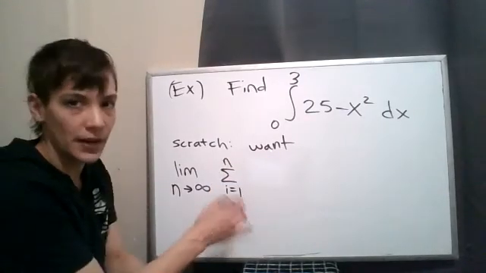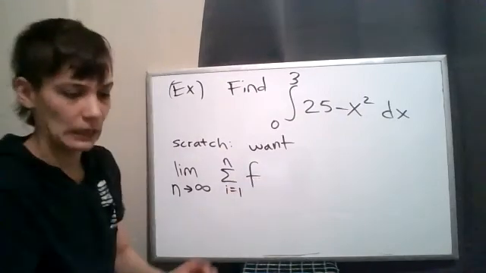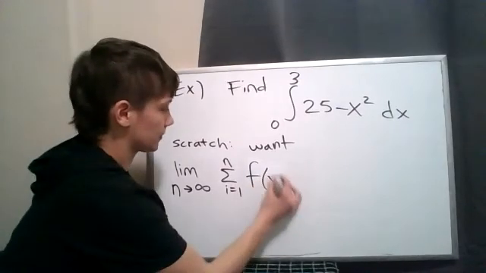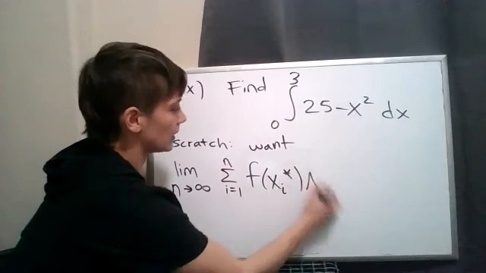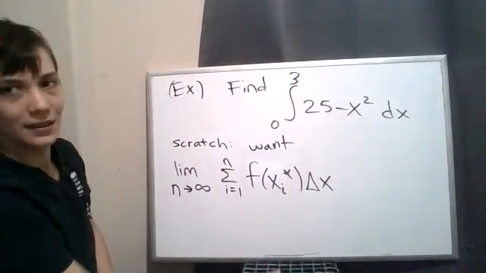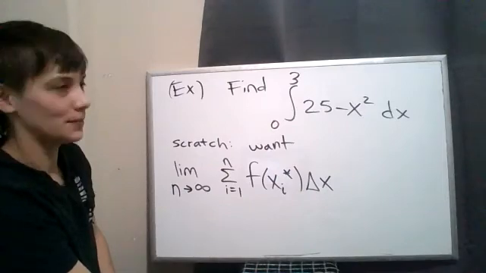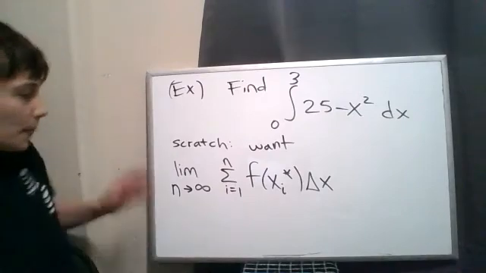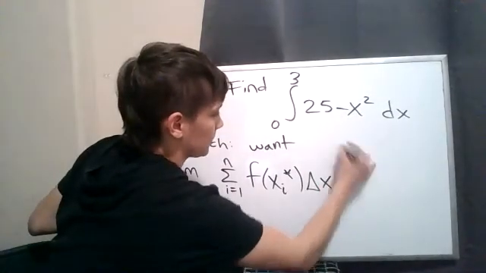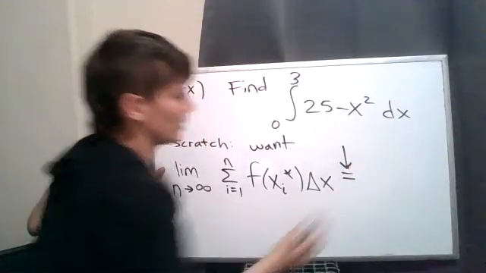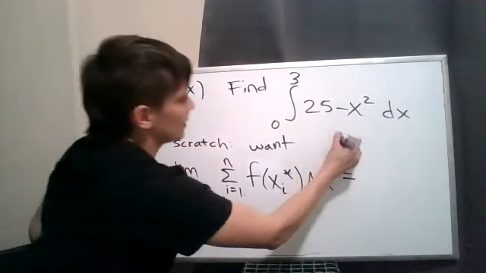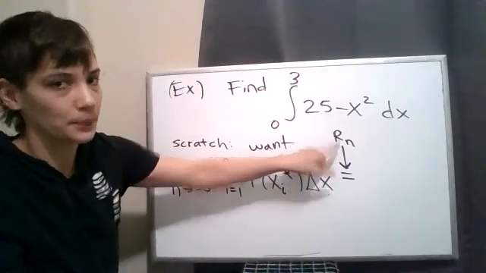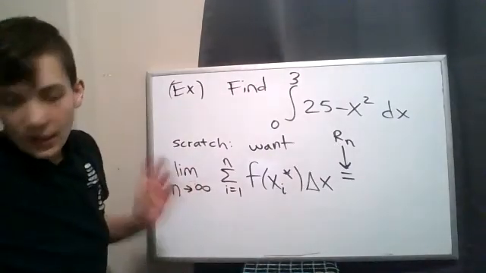Let's start out with the f of x sub i star. Delta x. Okay, I will do right-hand endpoints. Let's just summarize that with R sub n, right-hand endpoints. And let's look at what that would be.